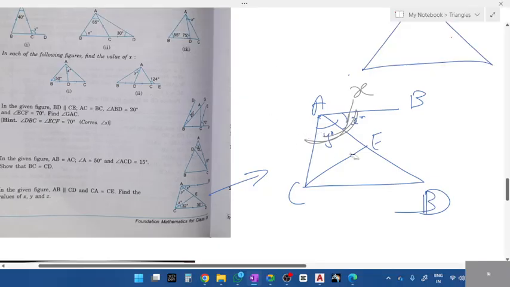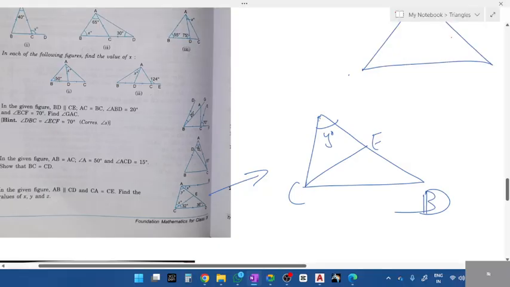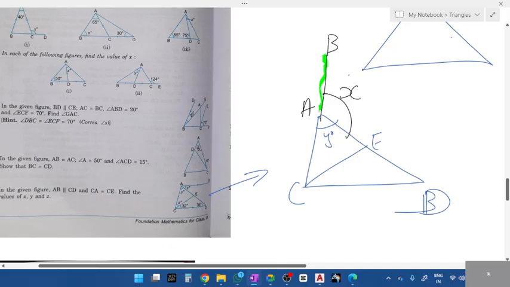Understood? So when is it possible? If they had given angle A in this direction, and they'd named it as B and X, do you think BAC is a straight line now? Yes, then you can use the 180 degree concept.